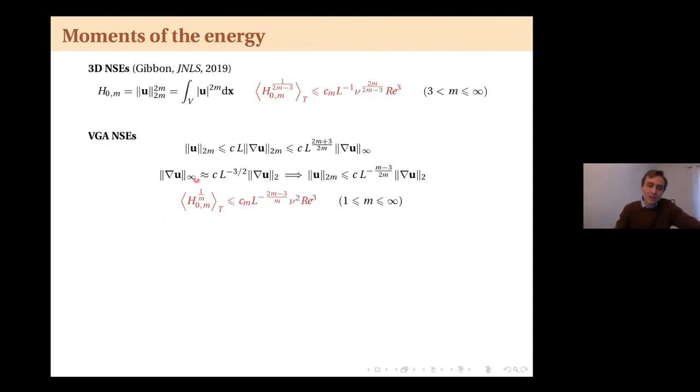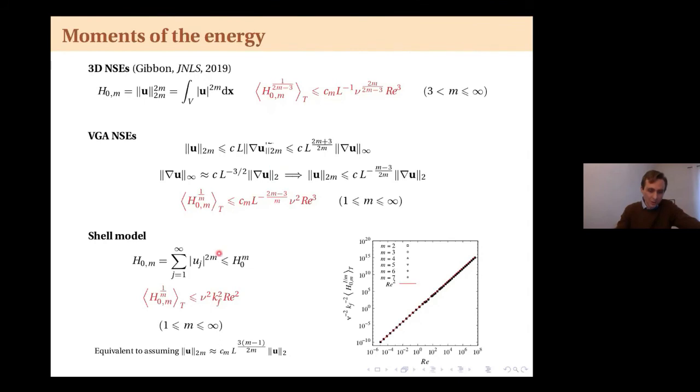So if I do this, I obtain this estimate for the mth moment of the velocity, where the exponent now is greater than that of the 3D Navier-Stokes equations. However, if I look at the shell model, so the equivalent of the 2mth space moments, it's again very easy to show that H0m is now controlled by H0 to the power m, and H0 was nothing but the energy, so U squared, so Reynolds squared.